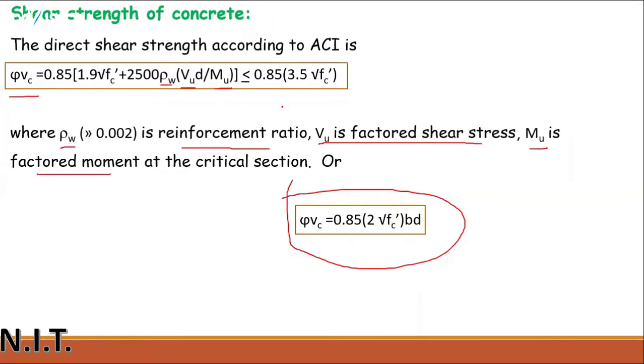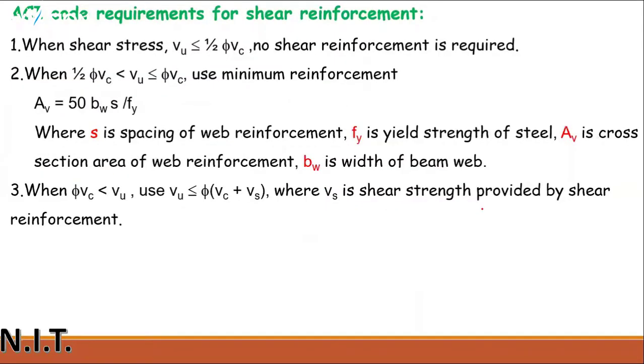Or we can also use this other formula instead. It depends on your choice. These are the requirements which shear reinforcement should fulfill when you are calculating it. These are the three requirements.